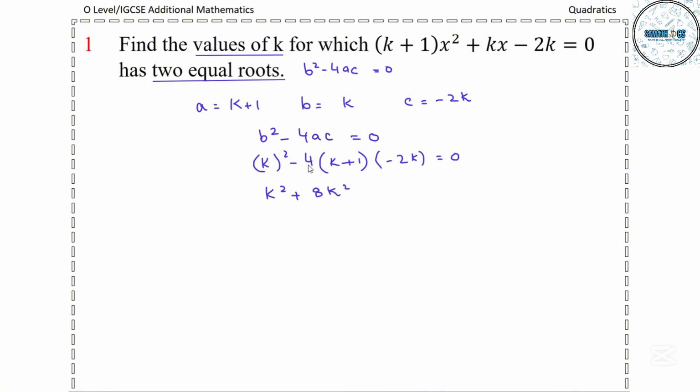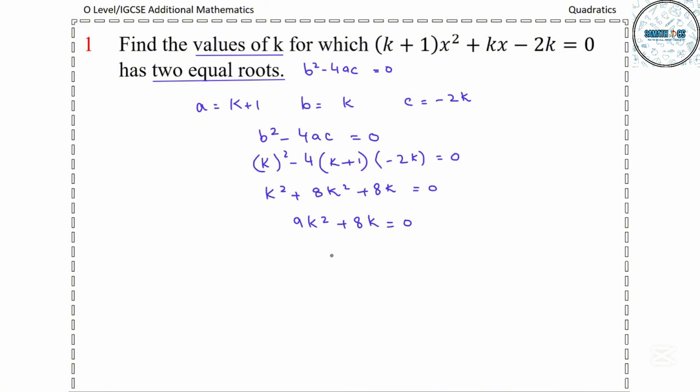Then you will multiply minus 4 by 1 and then by minus 2k. Minus 4 multiplied by 1 is minus 4. Then multiplied by minus 2k will be plus 8k. Now we have 9k square plus 8k is equal to 0.